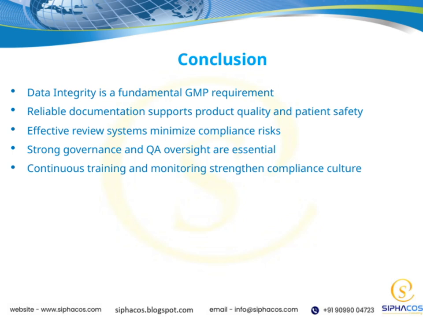Finally, continuous training and monitoring help us foster a culture of compliance. When everyone stays informed and vigilant, we're better equipped to uphold the integrity and safety of our products every day. All these elements together create a robust framework that supports not just compliance, but excellence in our manufacturing processes.